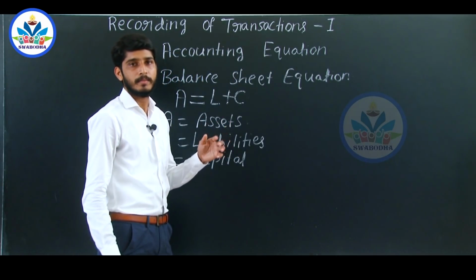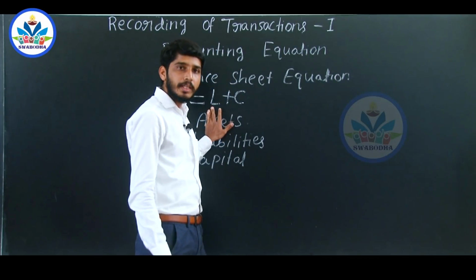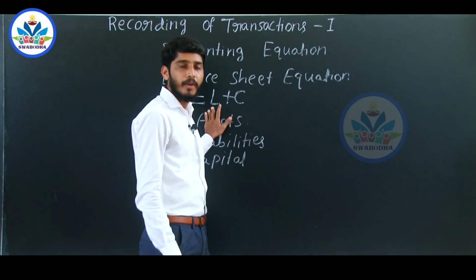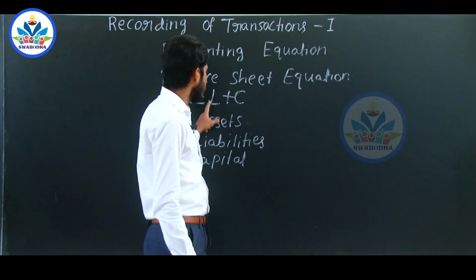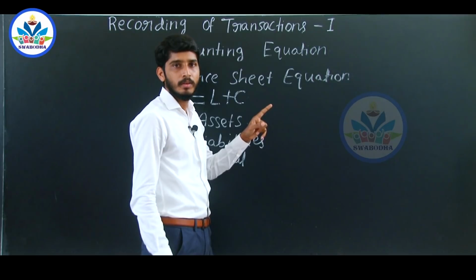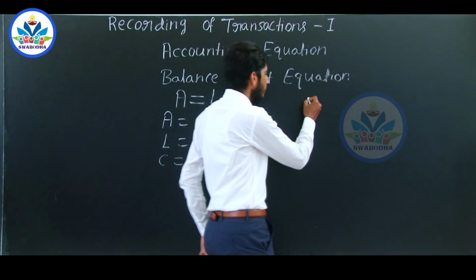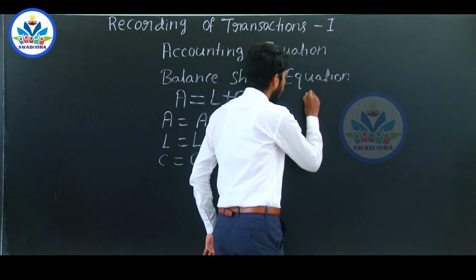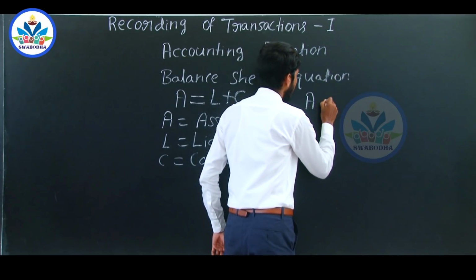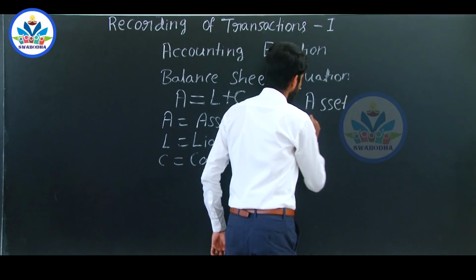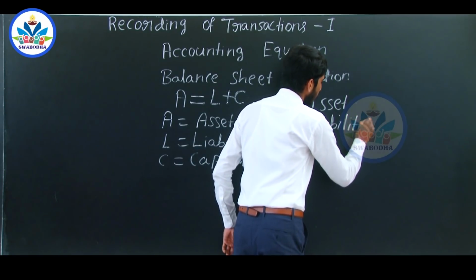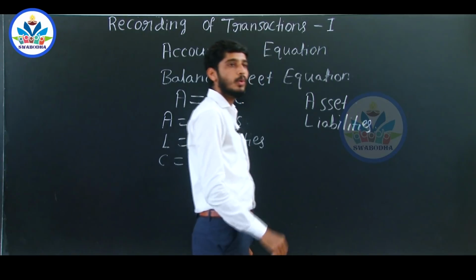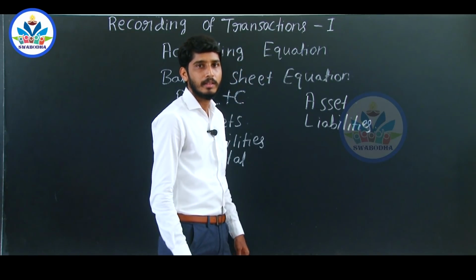By using this accounting equation, we can find out the missing balances of any components in the balance sheet. For example, in the balance sheet, you know the value of assets and liabilities, but you do not know the value of the capital.